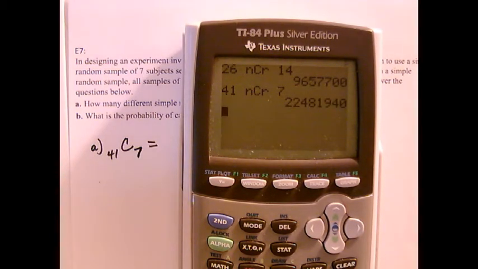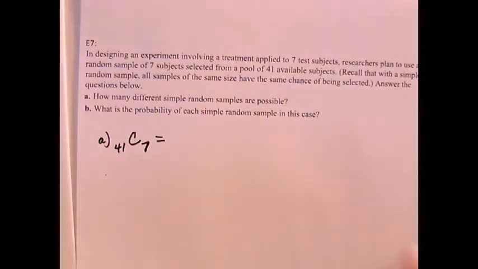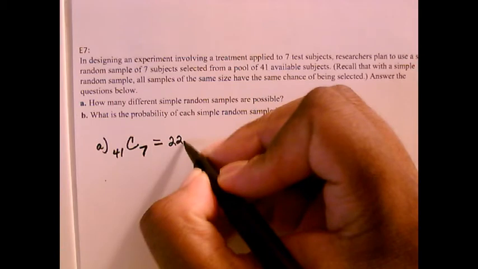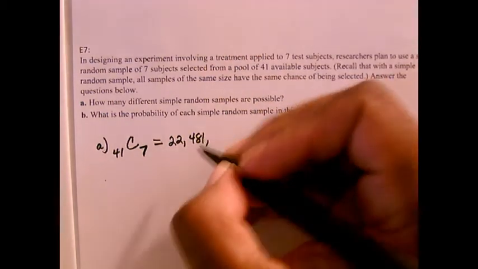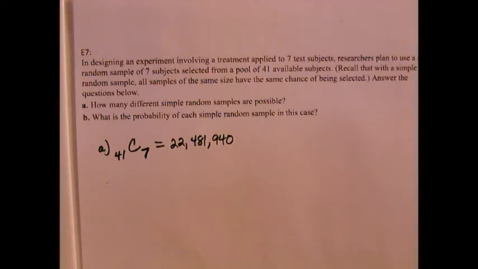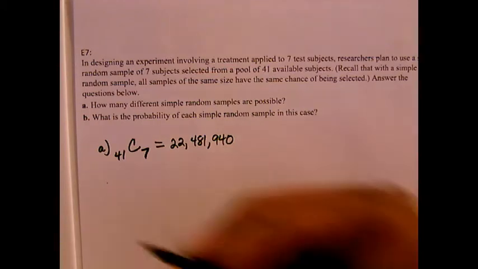Then hit enter, and that will be 22,481,940. So that means that there are 22,481,940 ways of selecting simple random samples. So 22,481,940 simple random samples are possible.